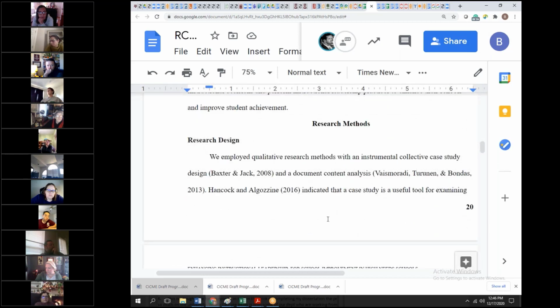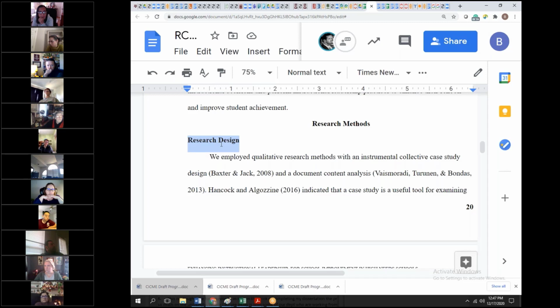And then we have the research methods. So you don't want to put methodology, because it's the methods that you use. So we first begin with research design, okay? We wouldn't begin with, I'm going to use an interview protocol, because an interview protocol, a survey, or whatever is not a research design.